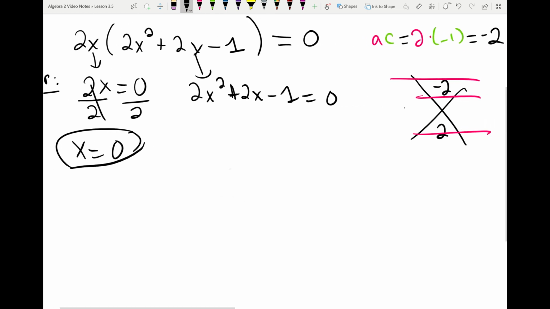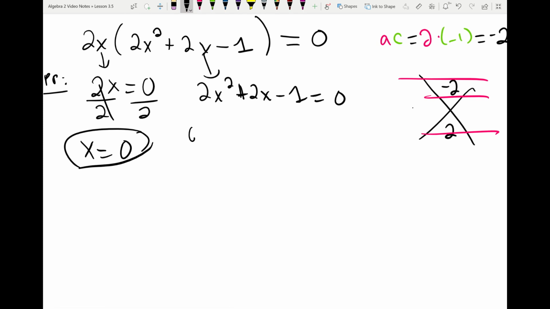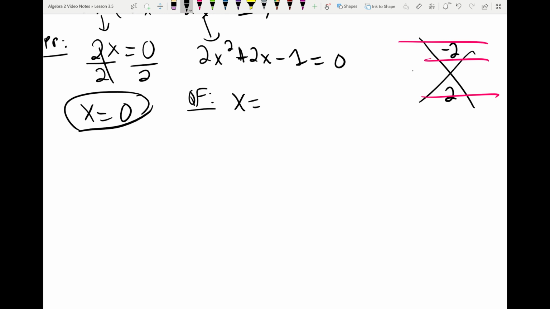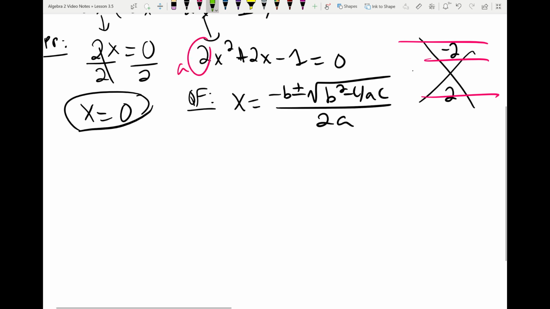Let's go ahead and use the quadratic formula on this one. Remember that the quadratic formula is negative b plus or minus the square root of b squared minus 4ac, all over 2a. So you have your a, you have your c, as we said earlier, and then you have your b.